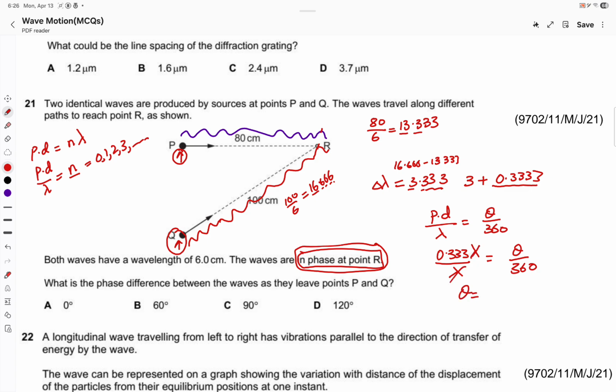Theta is 360 multiplied by 0.33333, I'm getting 120 degrees. So the waves must have a phase difference in the beginning of 120 degrees, so that when they reach R, they have zero phase difference. This is how we figure it out in a reverse manner. All right, I hope you understand this.